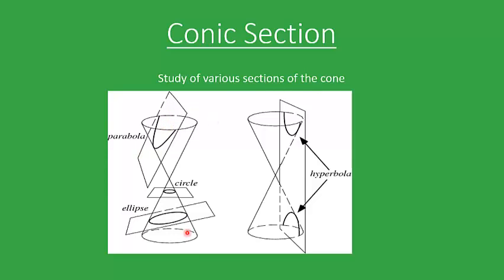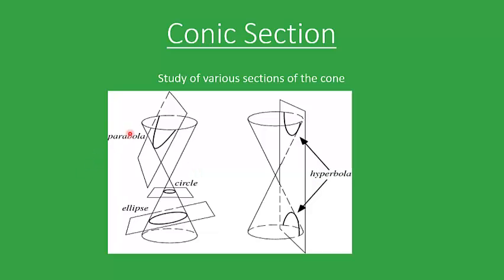We have generated the cone, and we take a plane and make different sections, which occur at the intersection of these two figures, the plane and the cone. The intersection gives us different types of conics: parabola, circle, ellipse and hyperbola. Let's look into how each of these is generated.